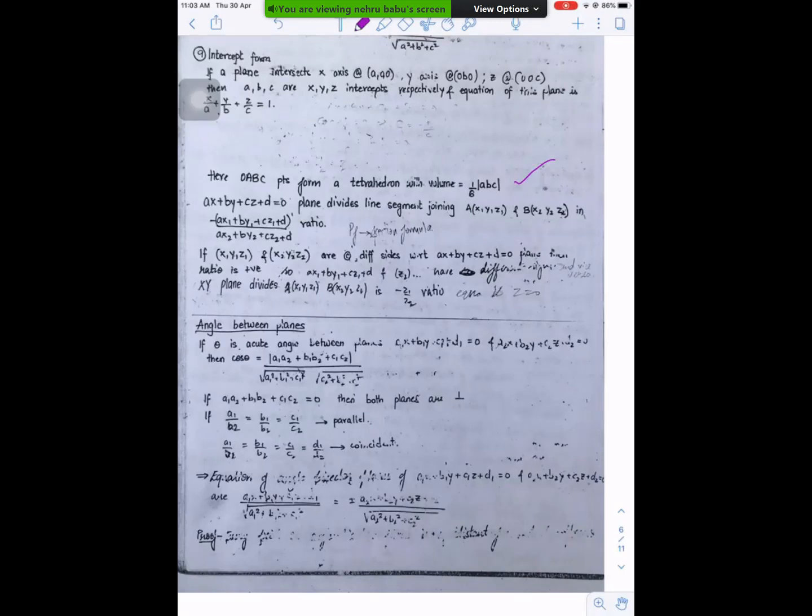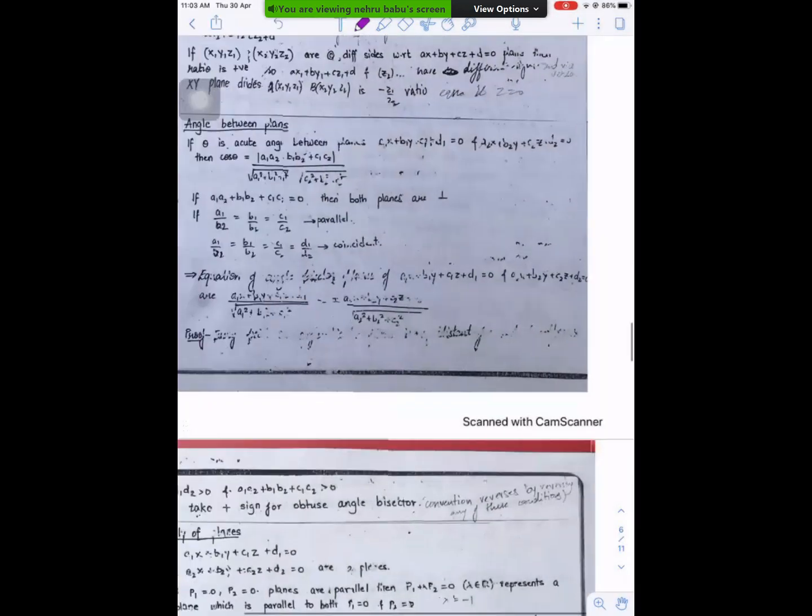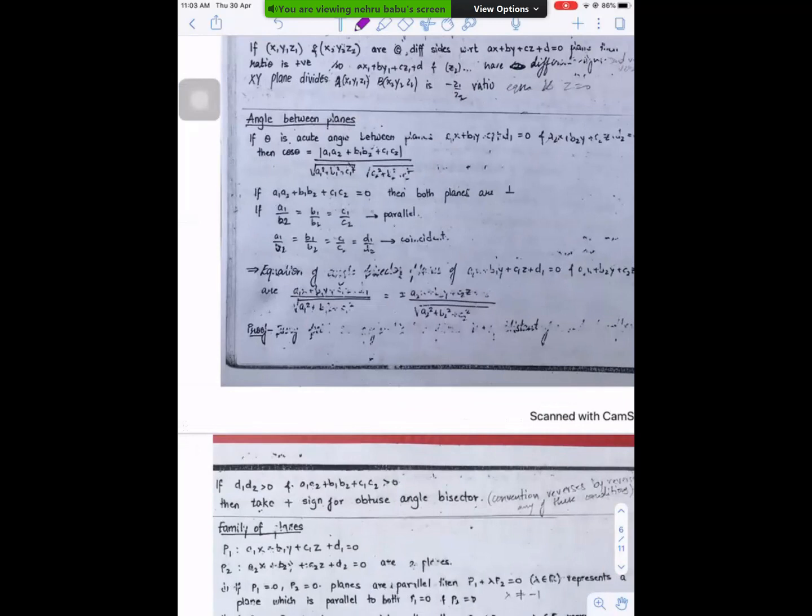Next, angle between planes. If a1x plus b1y plus c1z plus d1 equal to 0 and a2x plus b2y plus c2z plus d2 equal to 0 are the two planes, then cos theta equal to a1 a2 plus b1 b2 plus c1 c2 by the magnitudes, the a dot b by mod a mod b formula.